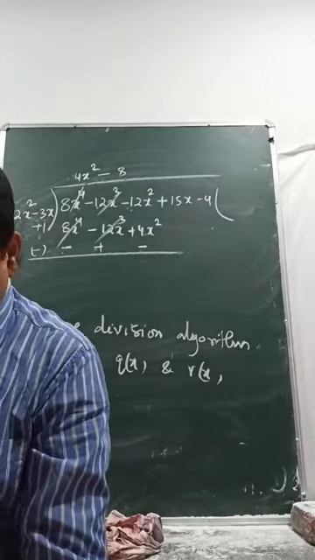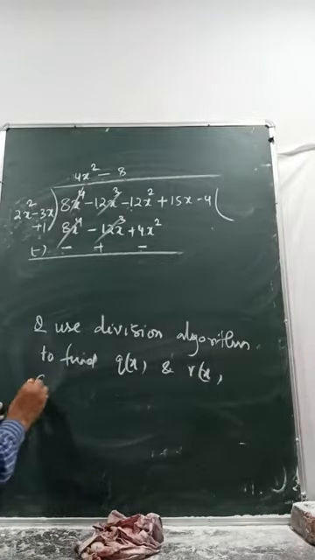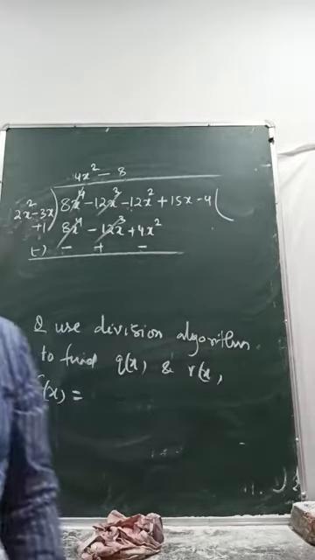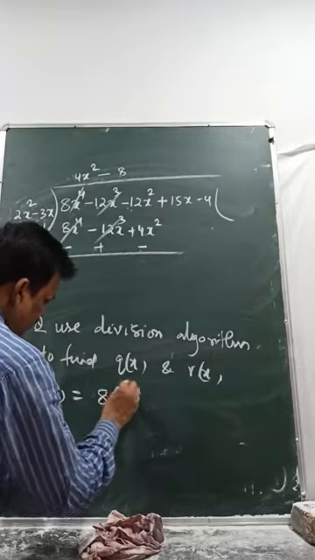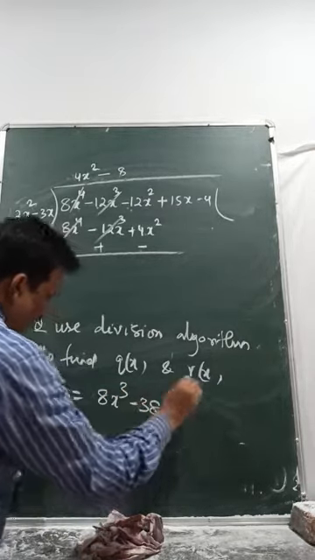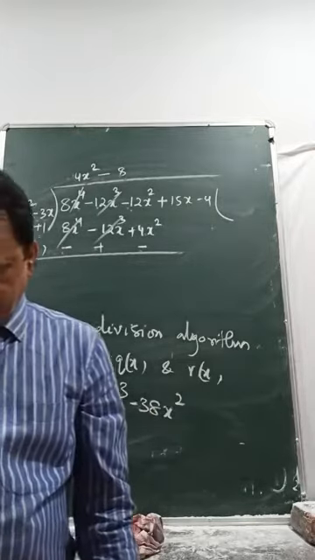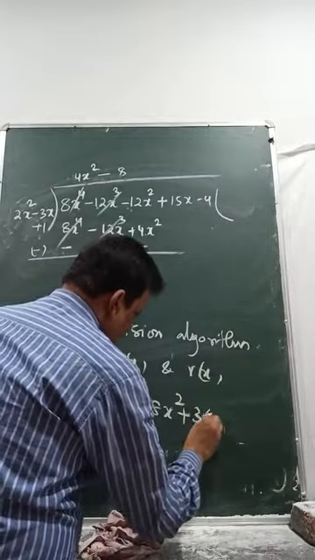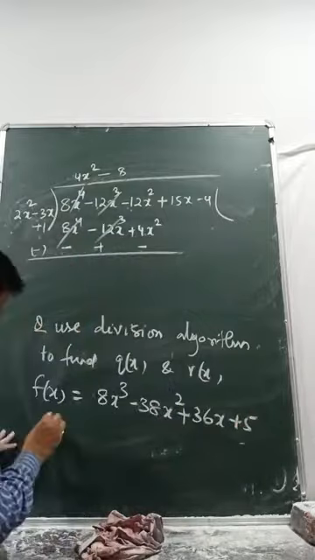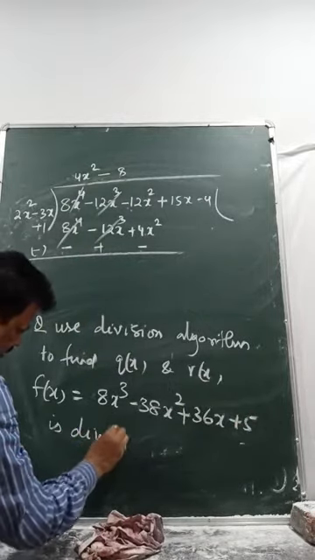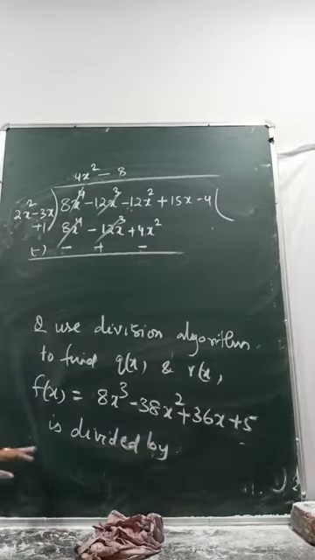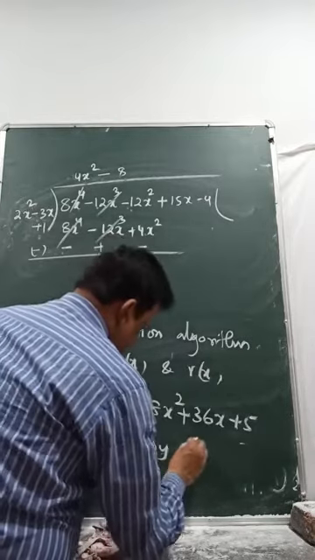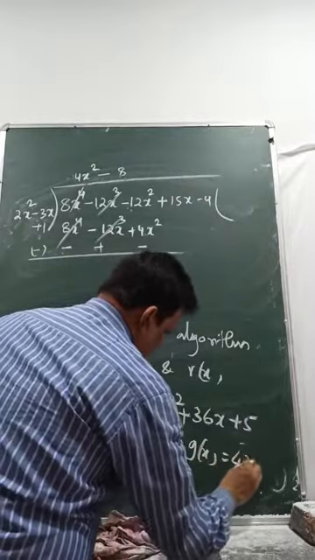Where f(x) is divided by d(x). f(x) equals 8x cube minus 38x square plus 36x plus 5, is divided by what? 4x minus 3, d(x), which is 4x minus 3.